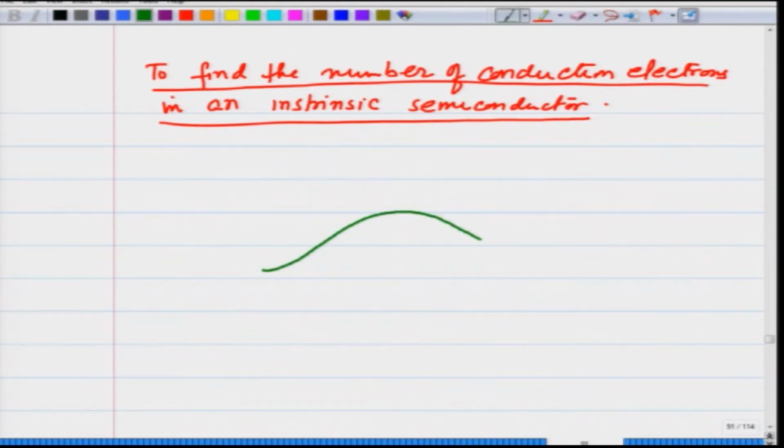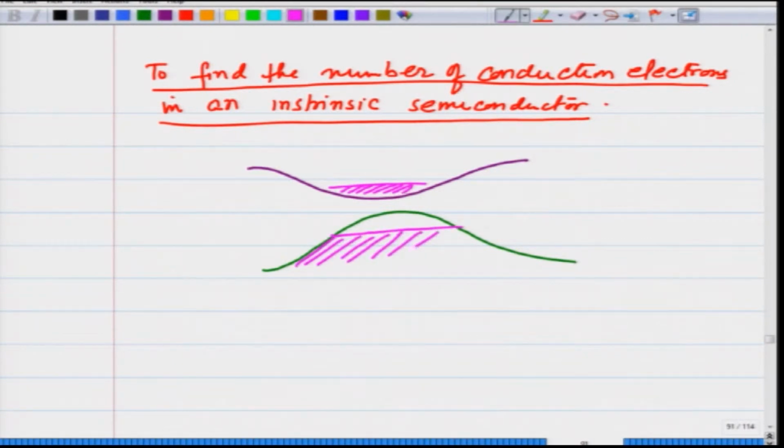I have this valence band and the conduction band, and some electrons are here at the bottom, and in the valence band some holes are there.